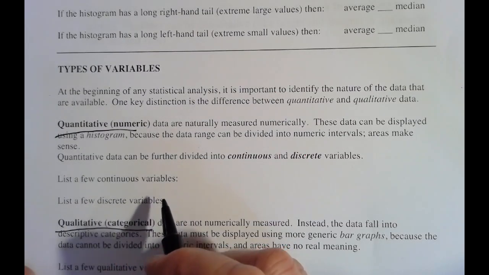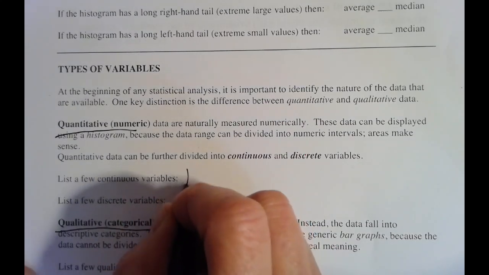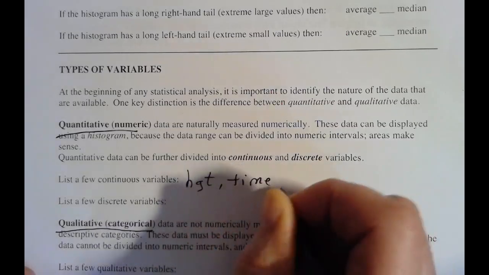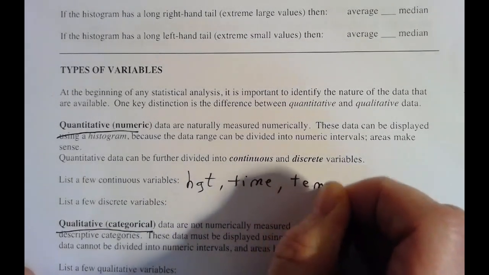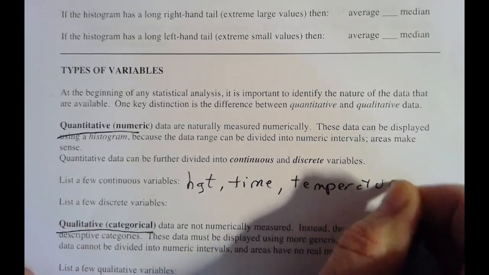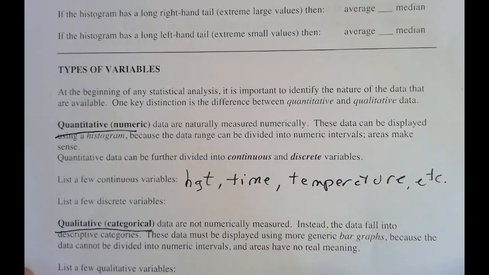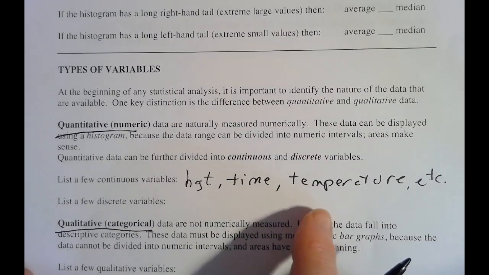And continuous ones would be things like height or time, temperature, etc., that between any 2 points you could break it down further. You could actually break it down into an infinite number of points.